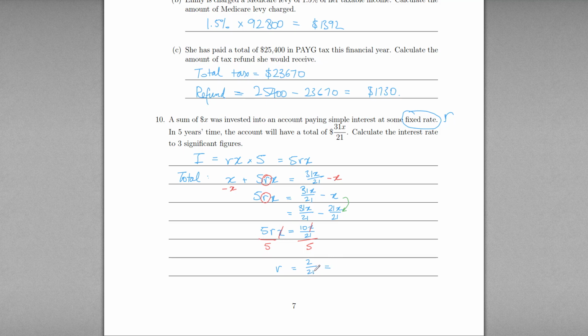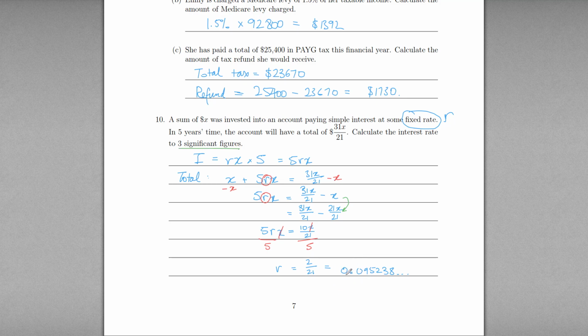And if I type in 2 divided by 21, it gives me 0.09523 and so on. I don't care about the rest because the question says that I just need 3 significant figures.